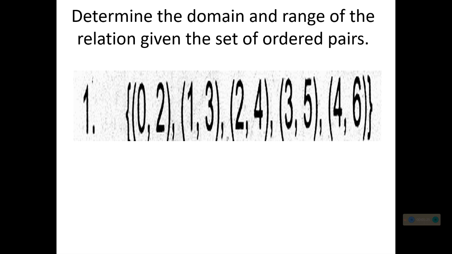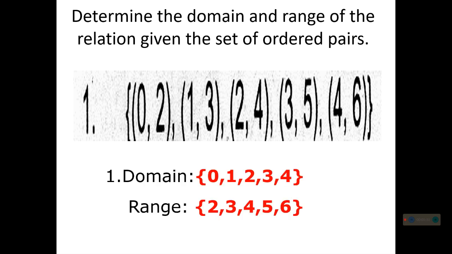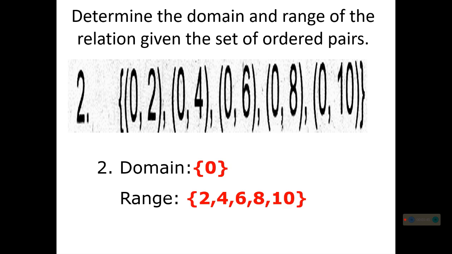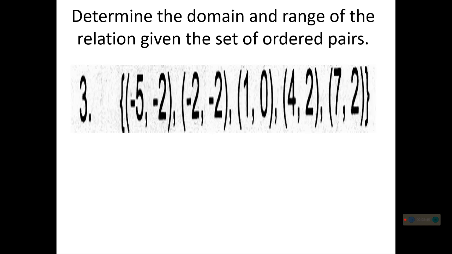Let's take a look at the domain. In number 1, the domain will be 0, 1, 2, 3, 4 and the range will be 2, 3, 4, 5, 6. Next, number 2, the domain will be, correct, 0 and the range will be, correct, 2, 4, 6, 8, 10.